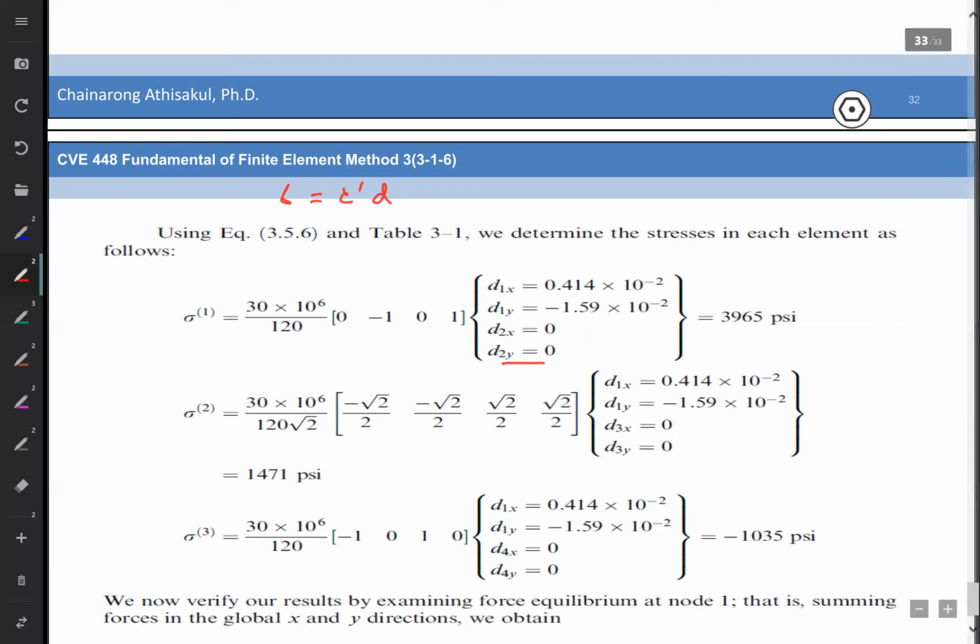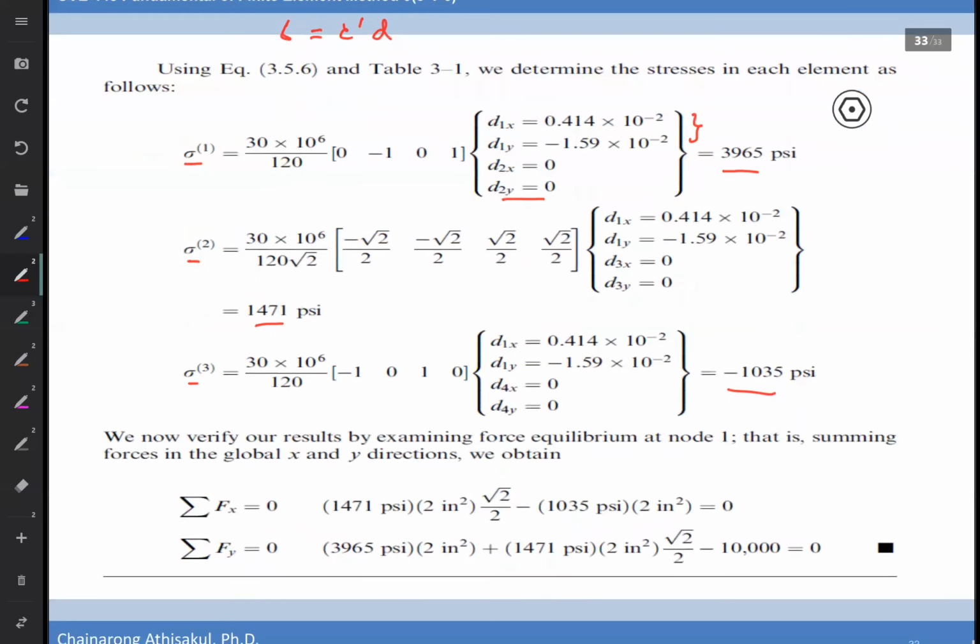We expand and include the displacement that we already know by solving the previous equation. And after that, we solve for the stress in each element, and then we obtain the stress in each element like this.